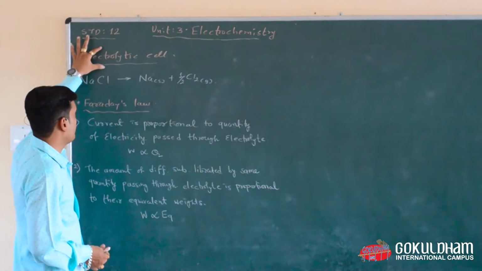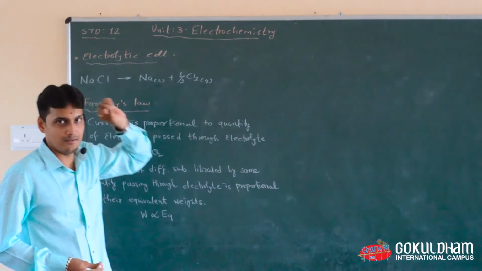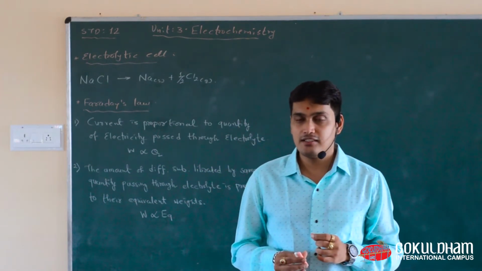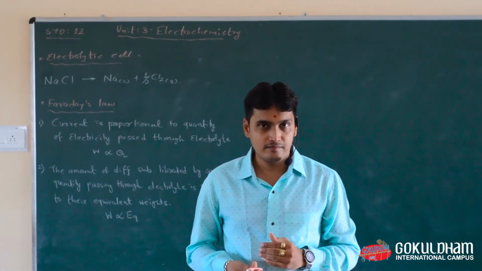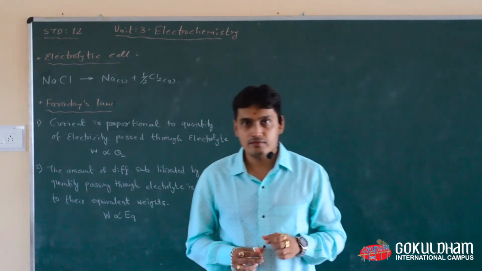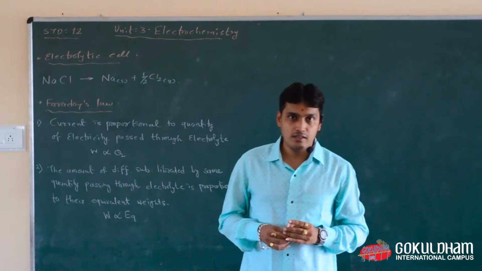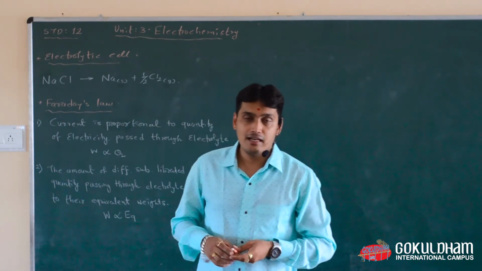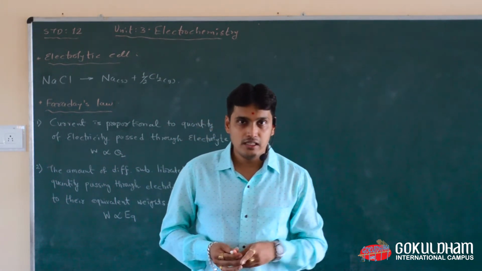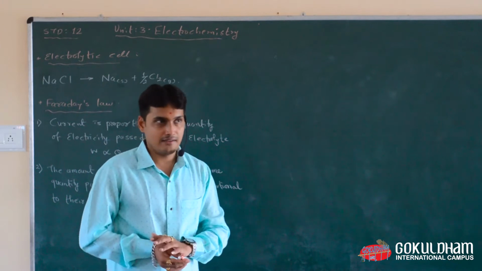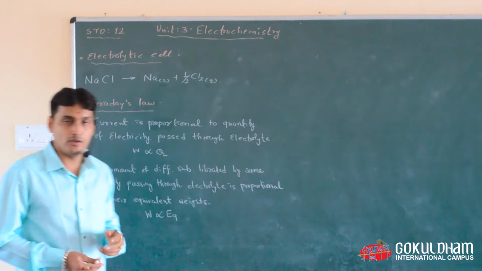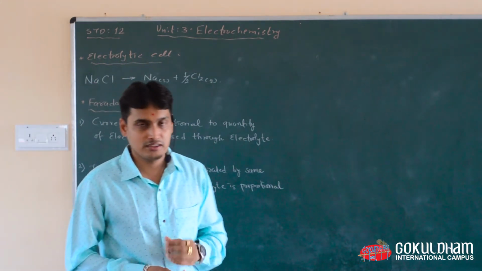Now what do we mean by an electrolytic cell? In an electrochemical cell, the chemical reaction occurs spontaneously and electricity is produced by the chemical reaction. But in an electrolytic cell, you have to apply an outer voltage, and after applying the current, the chemical reaction will start. The concept of the electrolytic cell is totally opposite to the electrochemical cell.